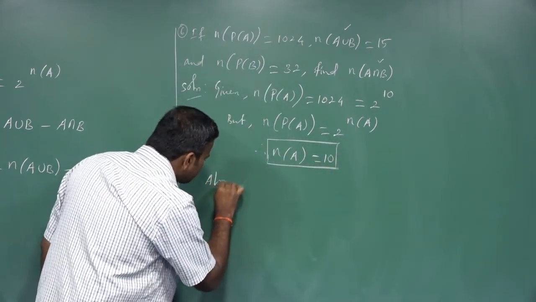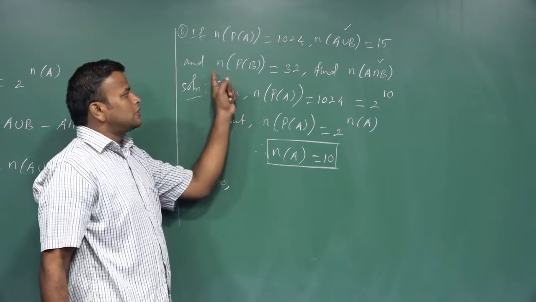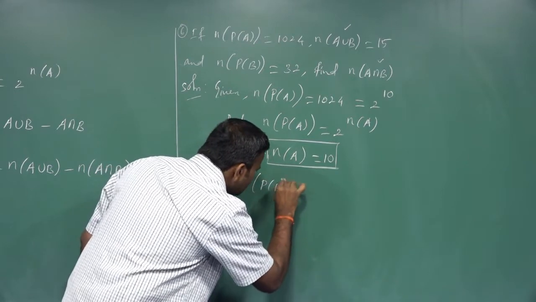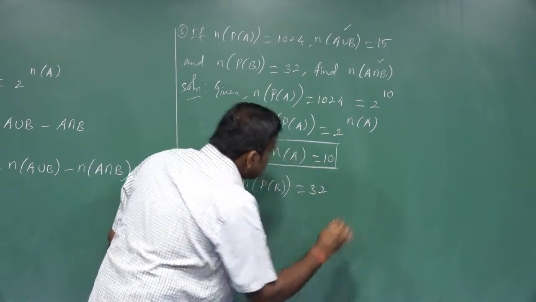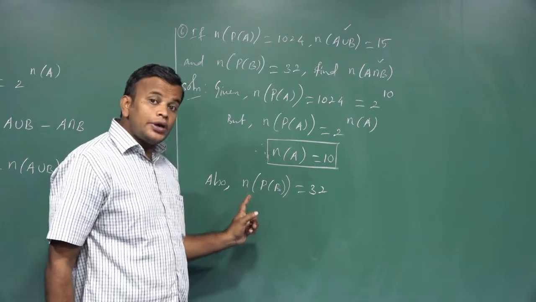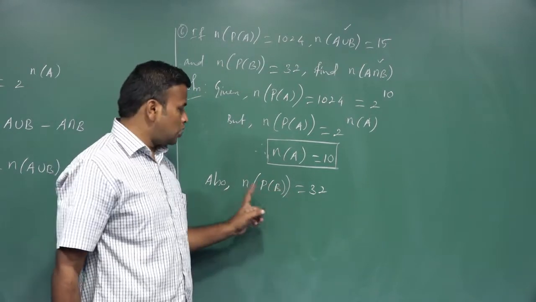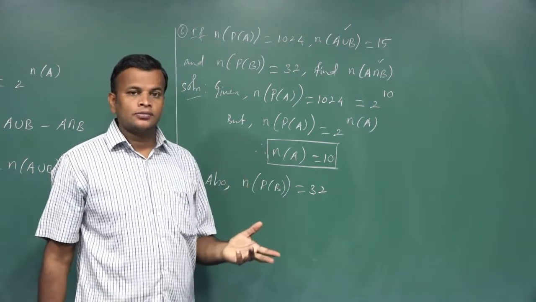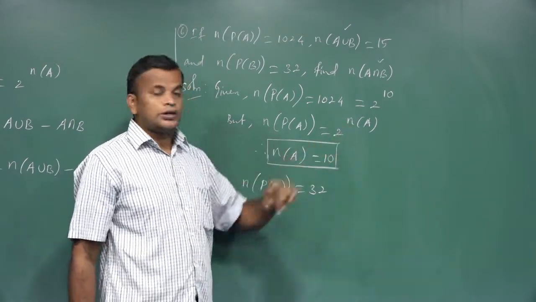Also, one more data is given. N of P of B is given as 32. N of P of B, how to read? Number of elements in the power set of B. So n of P of B is equal to 32. How to write 32 as a power of 2? Because this formula is 2 power.